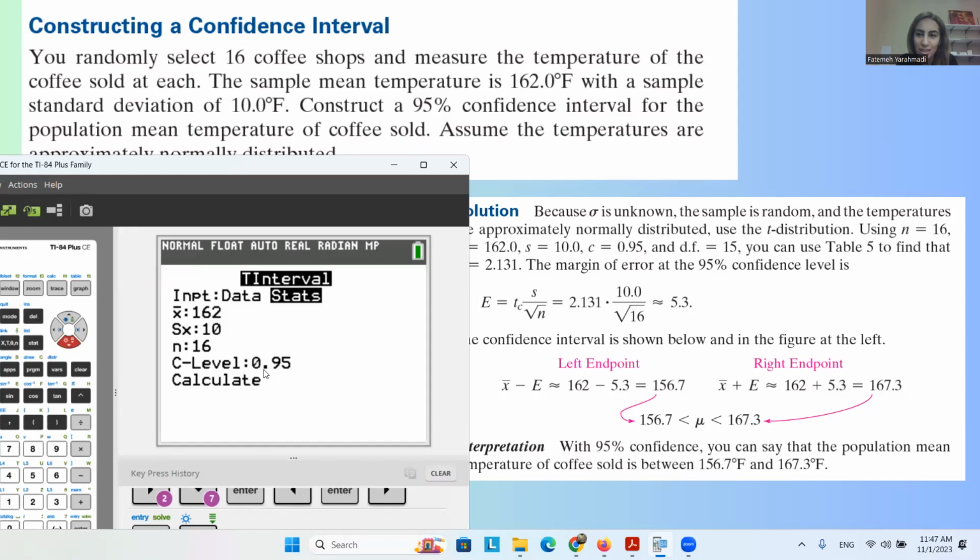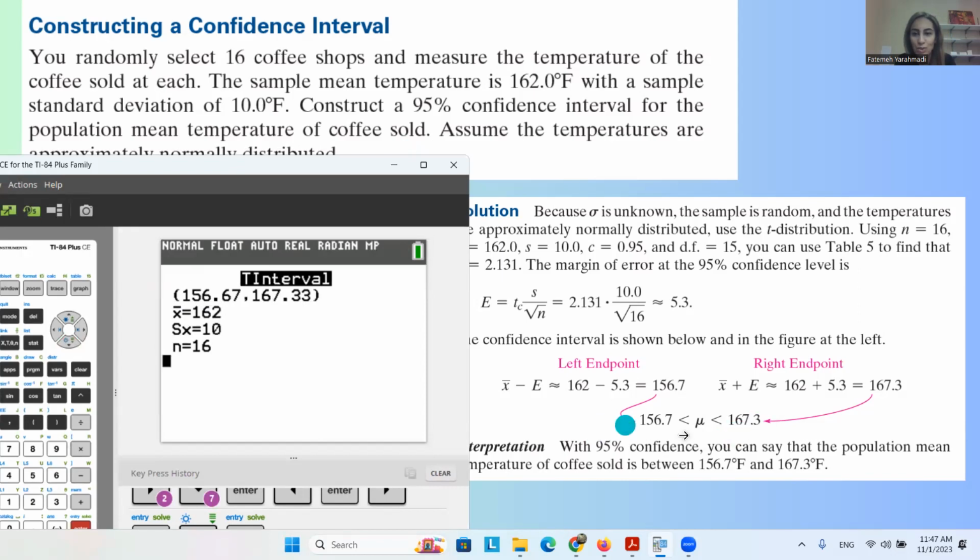Don't forget to put decimals. Students usually tend to forget that. You need to add a decimal here. And then when you do the calculation, you see the T interval is 156.67 and 167.33 degrees, which is very close to what we calculated algebraically.